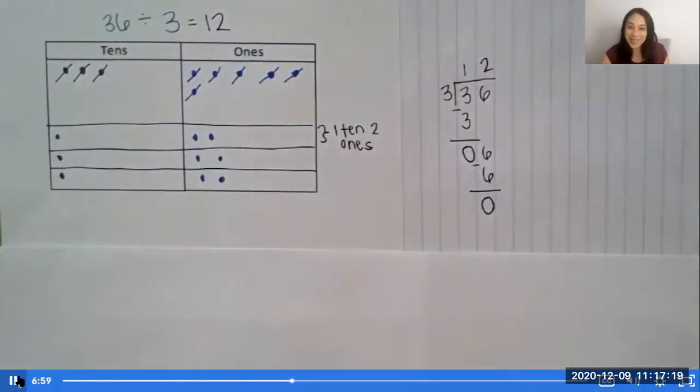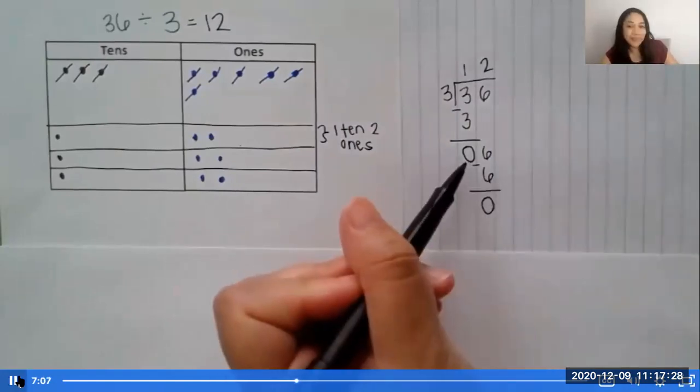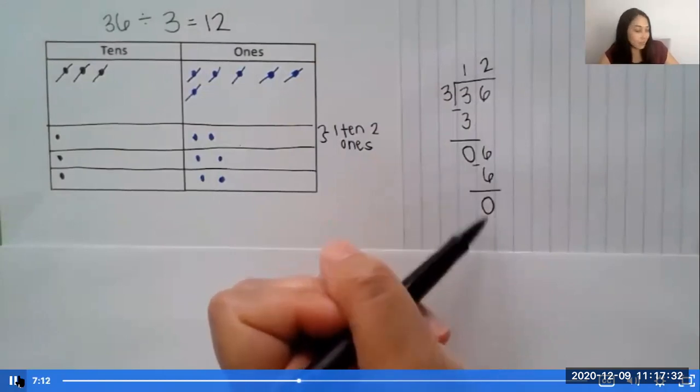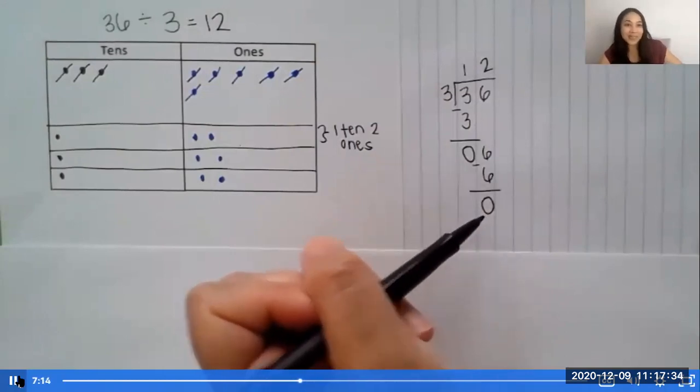We started with 6 ones, distributed 6 ones, and have no ones remaining. Say the subtraction sentence for that. 6 ones minus 6 ones equals 0 ones.